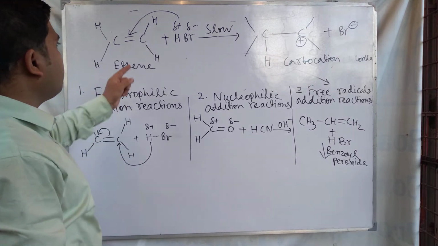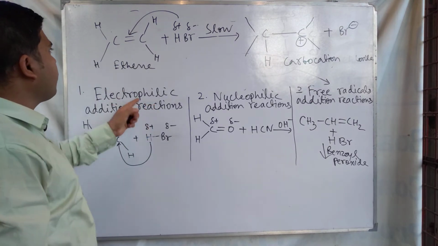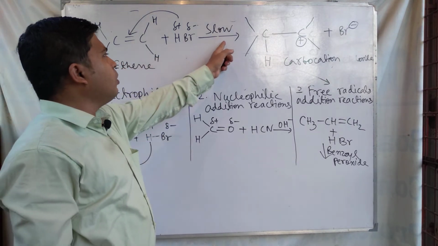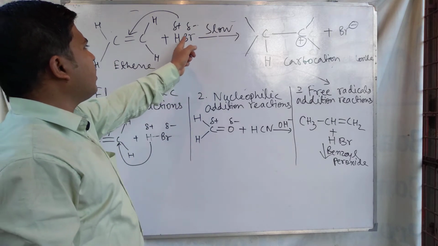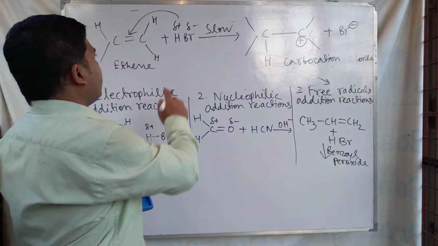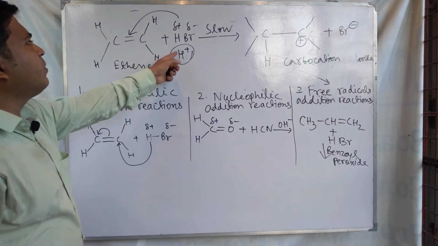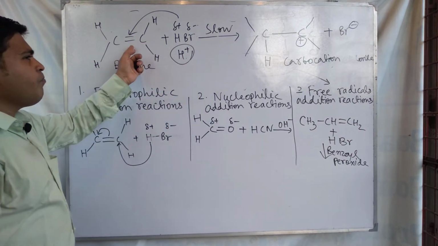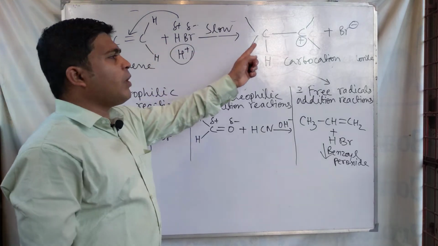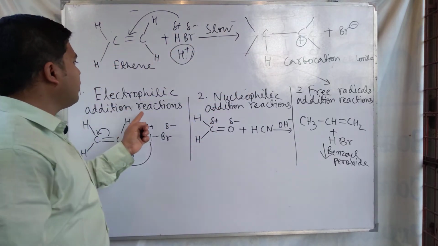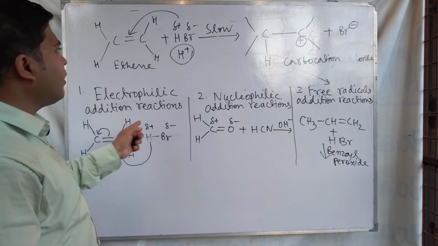So in an electrophilic addition reaction, at first very slowly the electrophile, here H plus from HBr, is added to the alkene. So at first the electrophile is added, and for this reason this is called an electrophilic addition reaction.